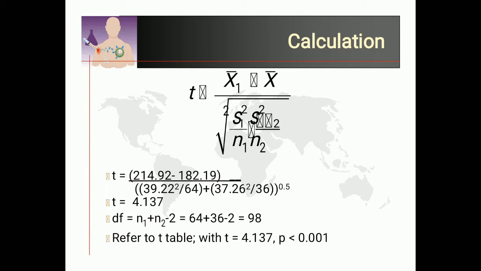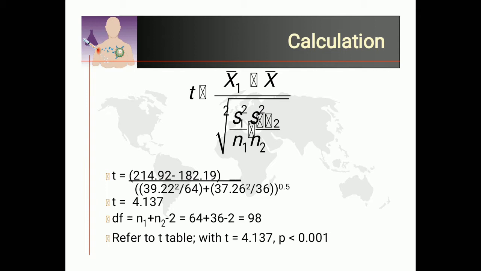So x1 bar is 214.92, x2 bar is 182.19, divided by the square root of 39.22 squared over n1 plus 37.26 squared over n2, where n1 is 64 and n2 is 36.